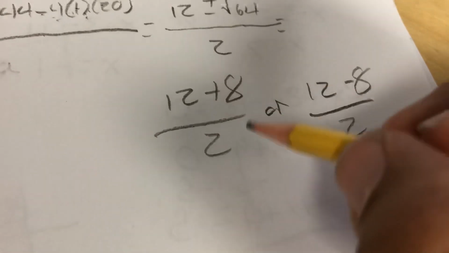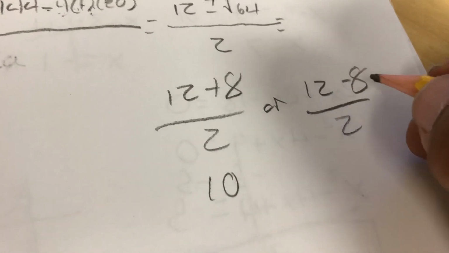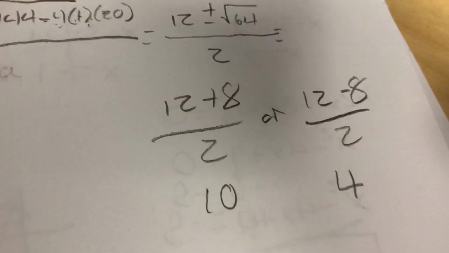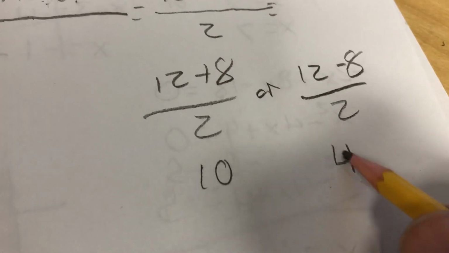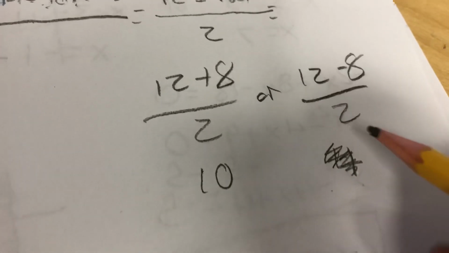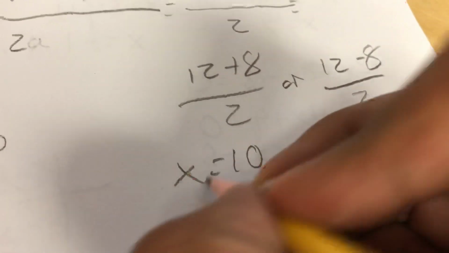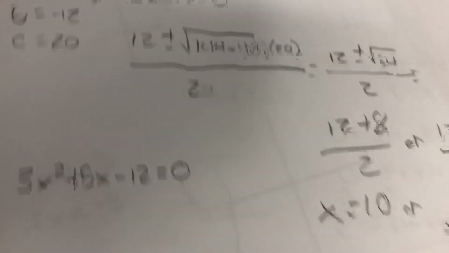So 12 plus 8 is 20, and 20 divided by 2 is 10. Or 12 minus 8, which is 4, divided by 2 is 4. Wait, 2, sorry. 4 divided by 2 is 2. So these are both solutions. X equals 10 or X equals 2. All right?